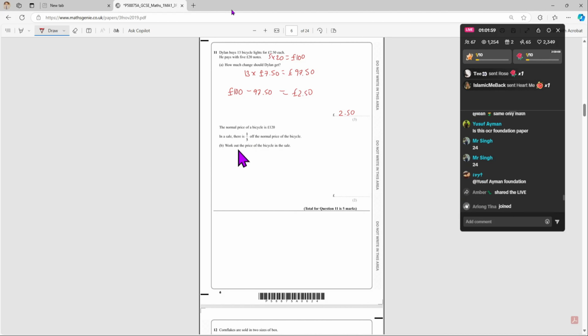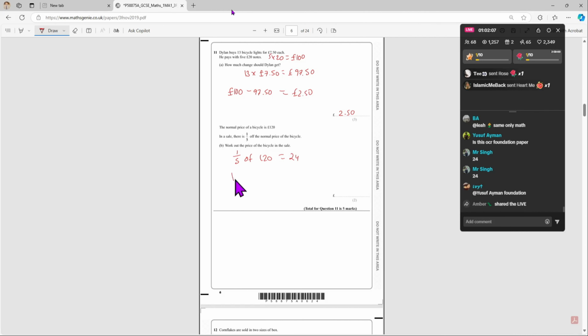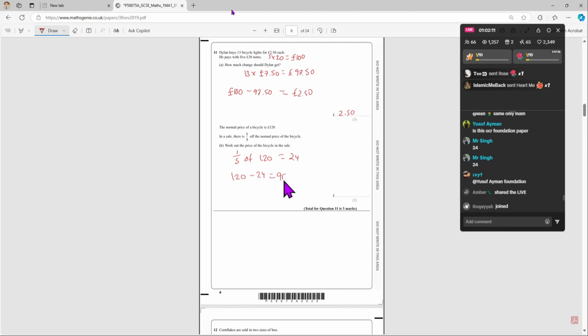So you can either find 1/5 of 120, which will be 24, and then do 120 minus 24, which will be 96. Then the price is £96 with the sale, or you can just do 0.8 times 120 to get 96, okay? Both of them work.